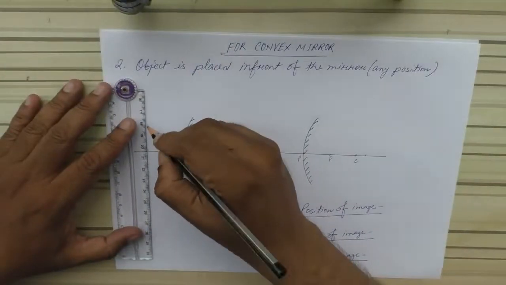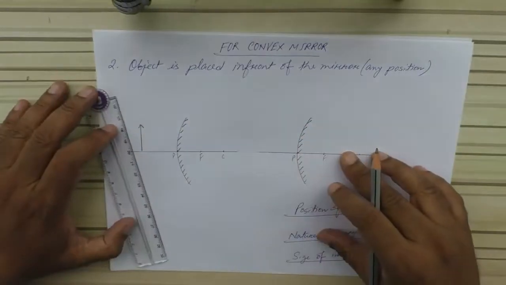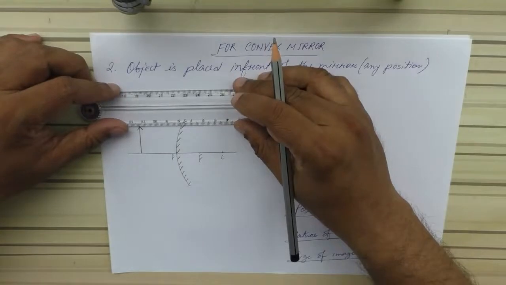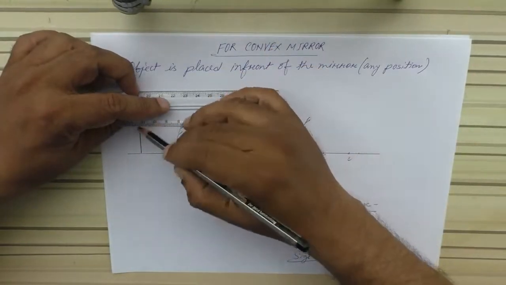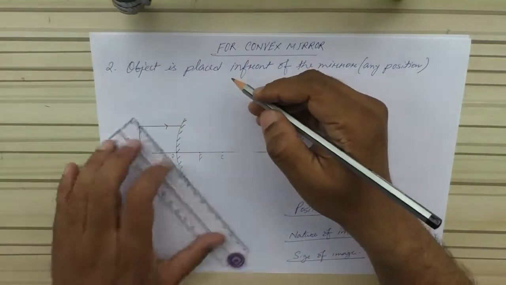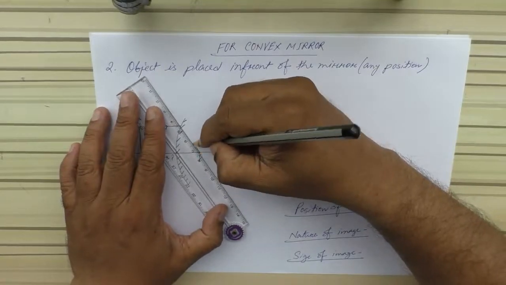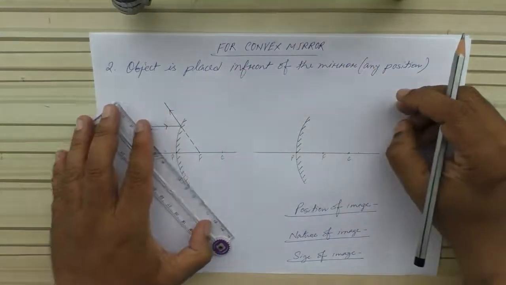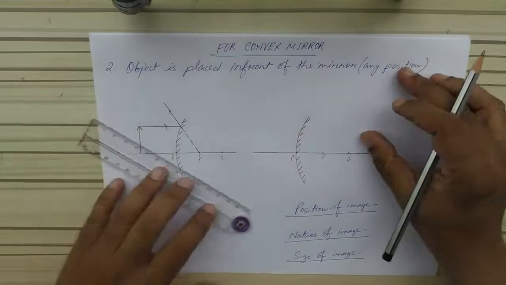So object is placed in front of the mirror. We can consider a ray of light incident parallel to the principal axis. After reflection this light ray appears to diverge from focus.